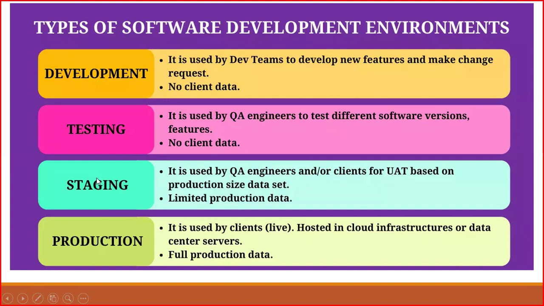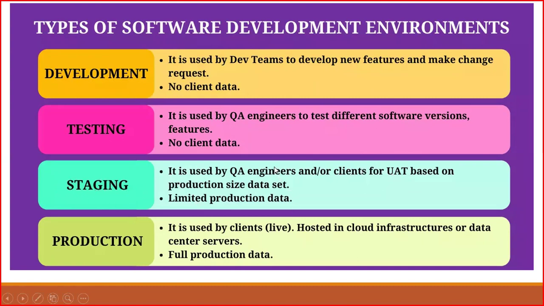Why specifically this environment is needed is in order to do the user acceptance testing. UAT means user acceptance testing. In order to perform this user acceptance testing, we need a staging environment.